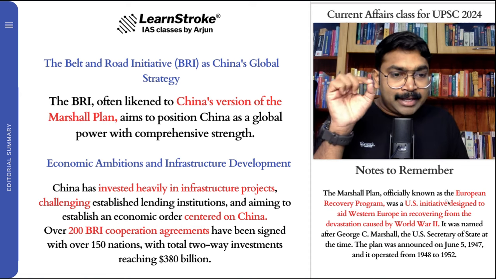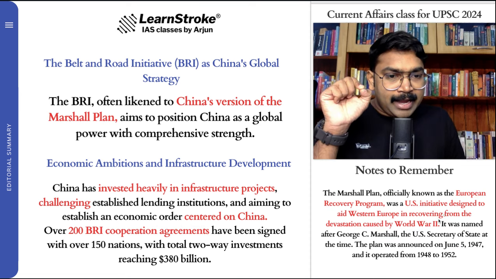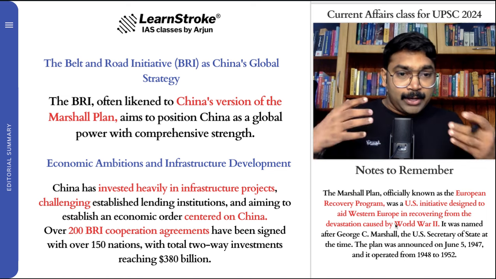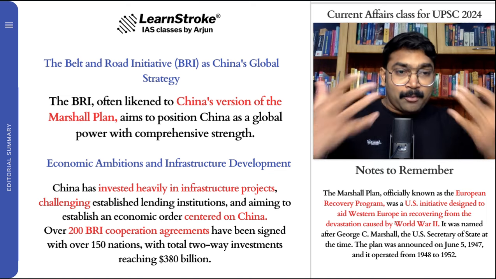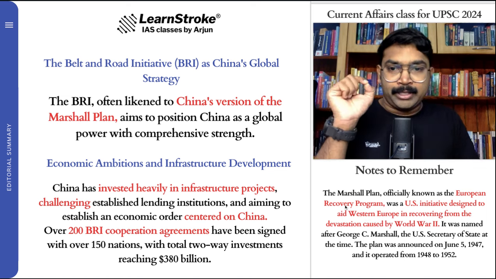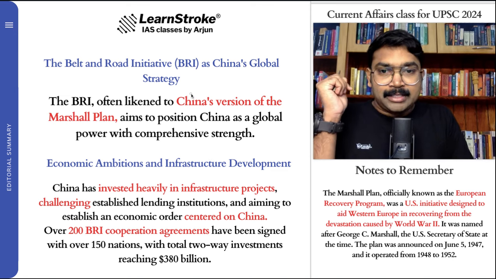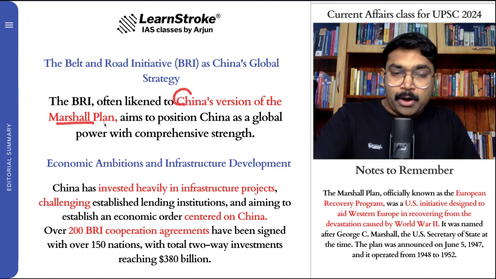So the key thing is it is aiding Western Europe in recovering from devastation. That is the reason why you fund it. You fund to create more development. So the US funded the whole thing. So China's new initiative can be a Marshall Plan, according to a lot of people.